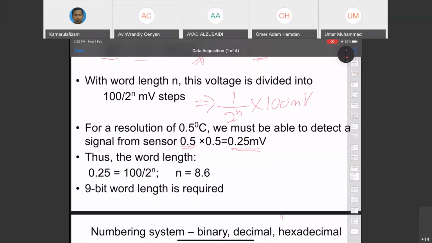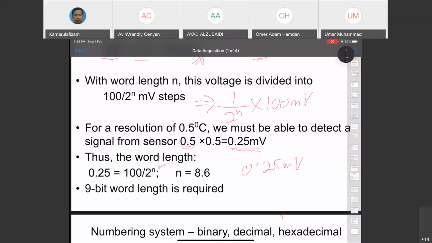So in this case, if you use 0.25 millivolt as the smallest step, then you will have to find the number of n in this case.